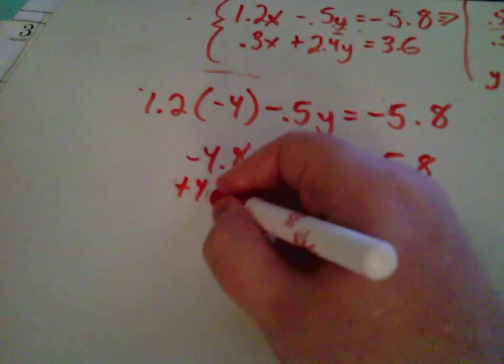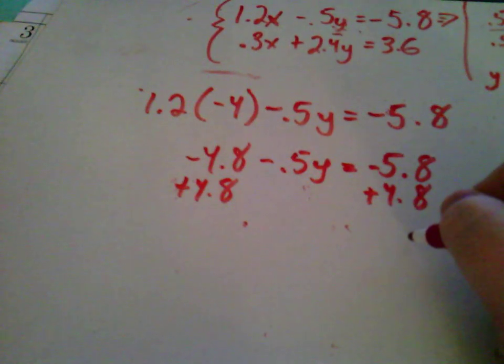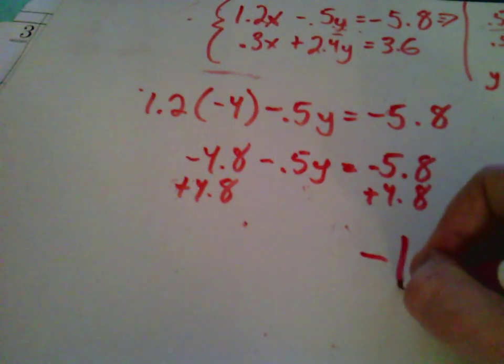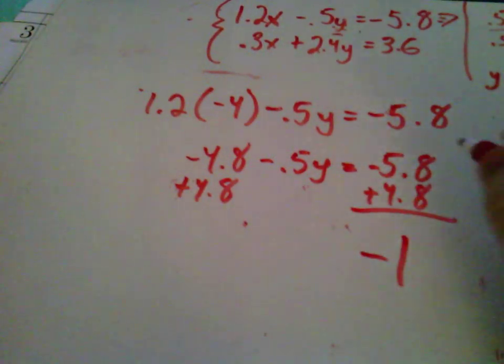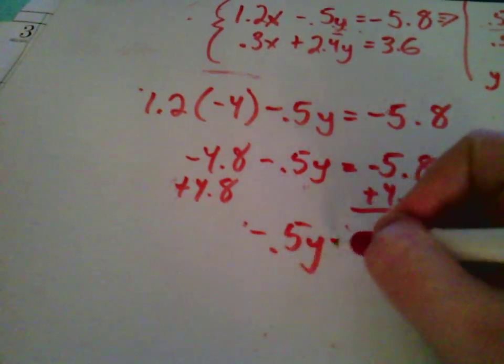Add 4.8 to both sides. This here will simplify to negative 5.8 plus 4.8, negative 1. Over here, we still have our negative 0.5y equal to negative 1.